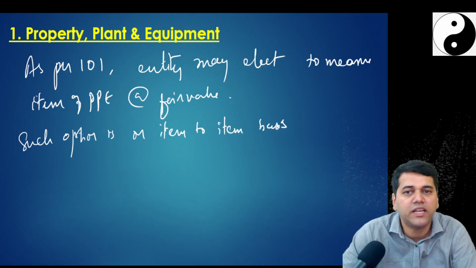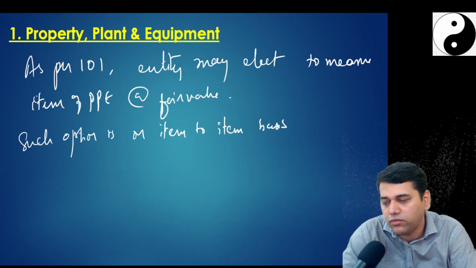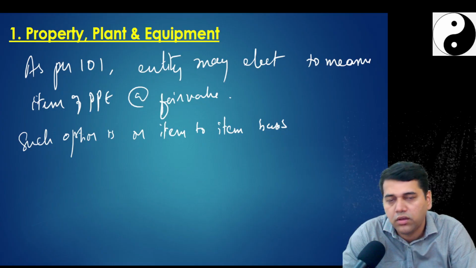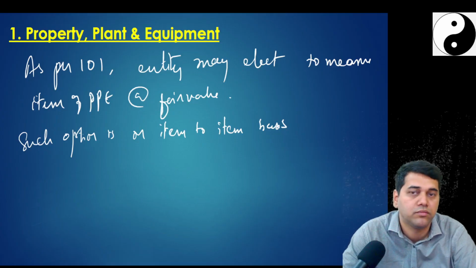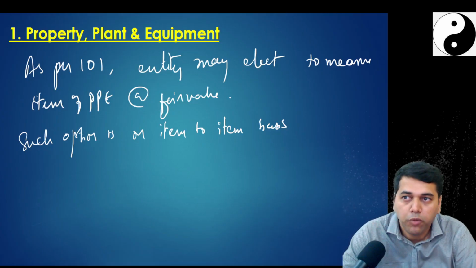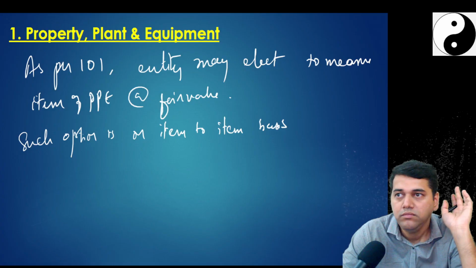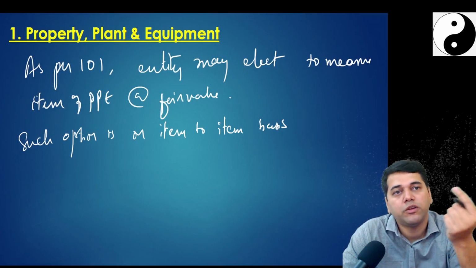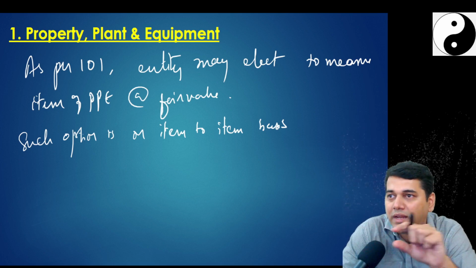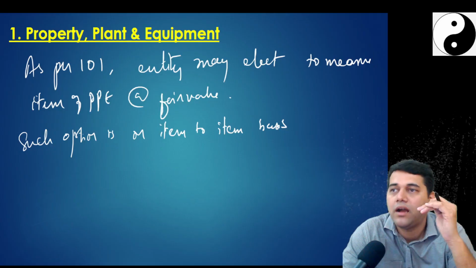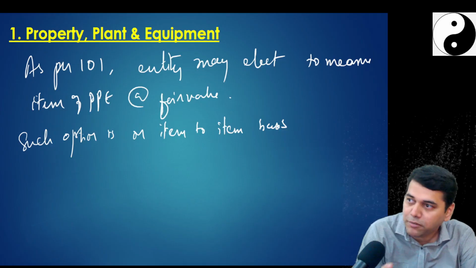It does not mean that if I have selected a fair value for one, I have to select fair value for all. Other item I can choose for retrospective. But point is, it is not deemed cost of the previous values. If that was the case, then your previous balance sheet PPE value and new balance sheet PPE value would have been one and the same, other than shift from the policy. Deemed cost also you can shift.